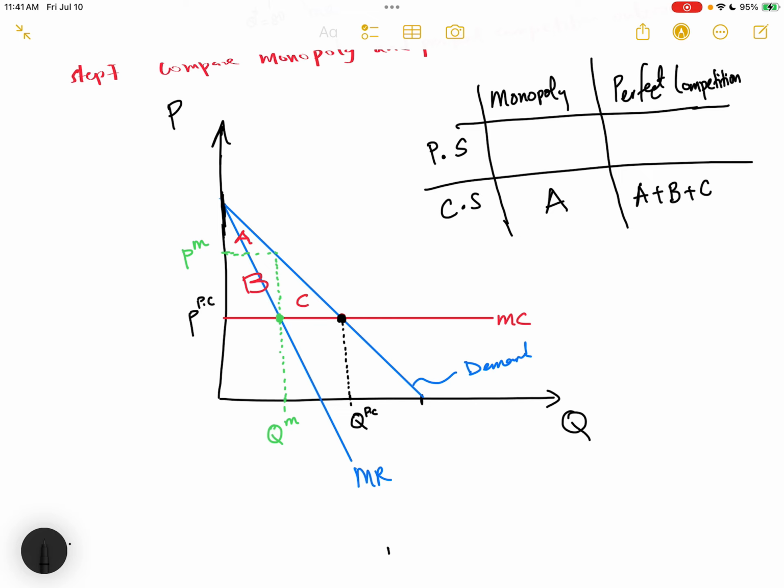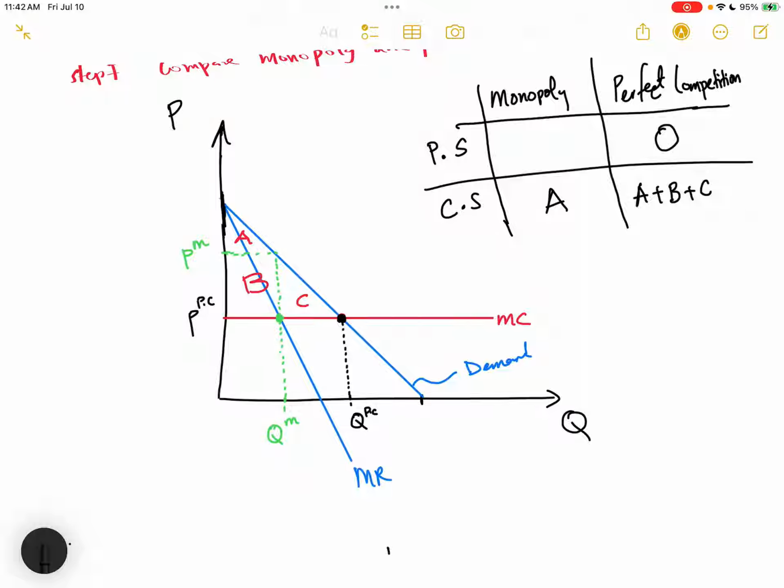Now, let's work on producer surplus. Producer surplus under perfect competition will be the area that's below the price P^PC but above the marginal cost. Well, that's 0. And so under perfect competition, producer surplus is 0.